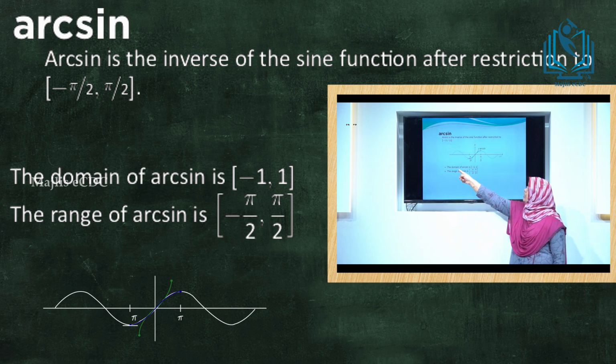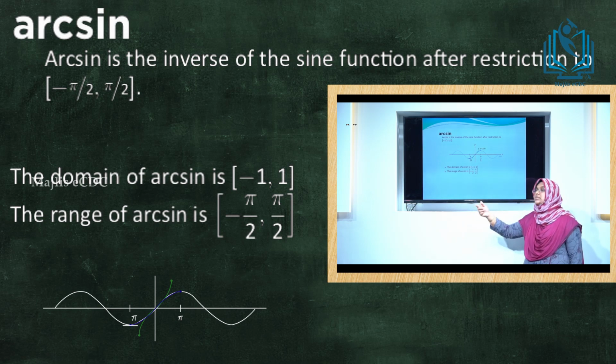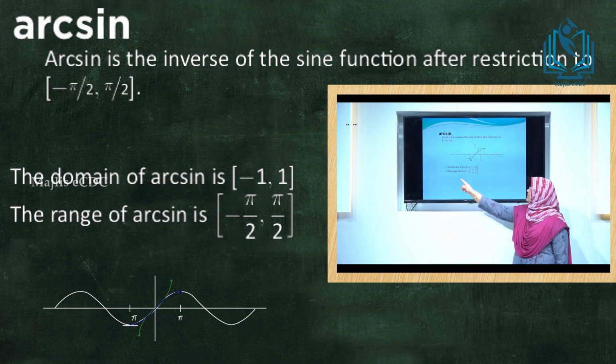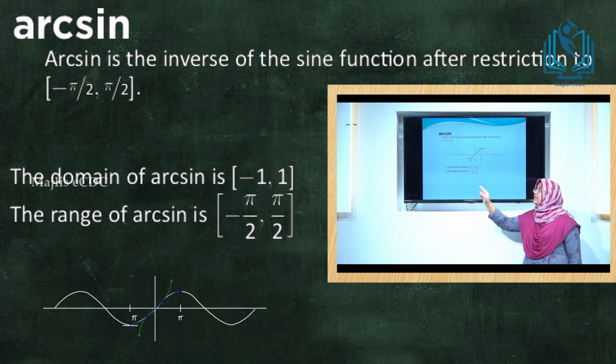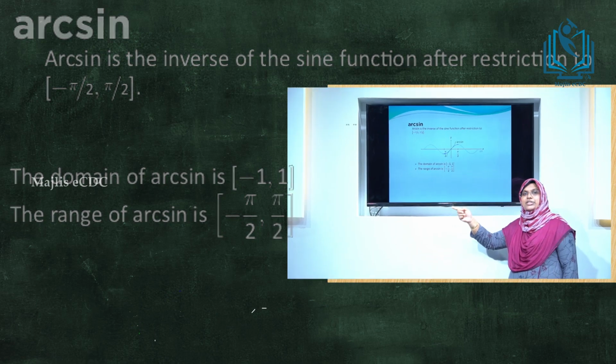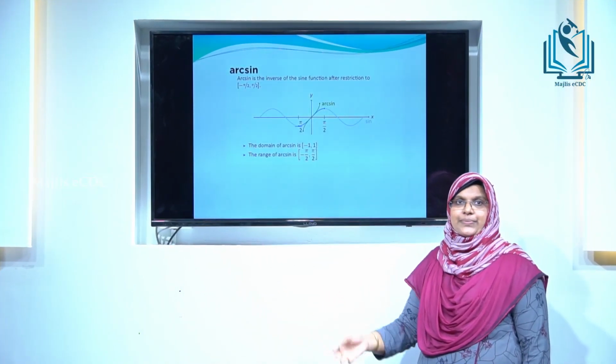Thus, the domain of arcsine or sine inverse is the closed interval minus 1 to 1, and the range of arcsine is the closed interval minus pi by 2 to pi by 2. That is, the domain and the range of a function and its inverse are interchanged.